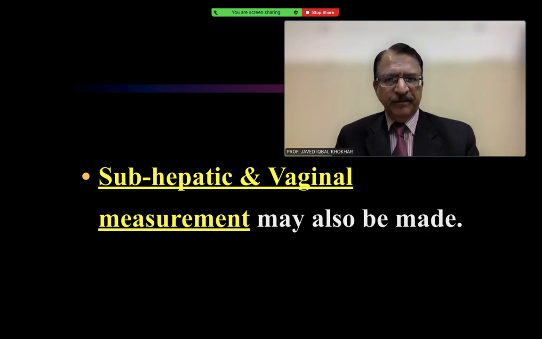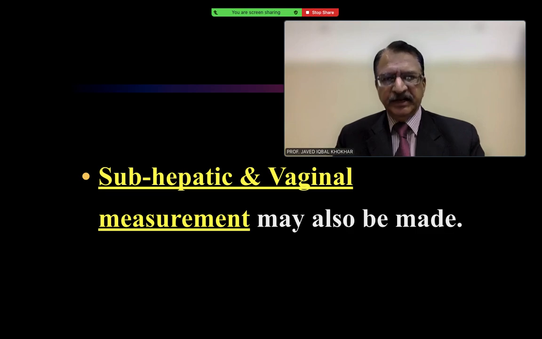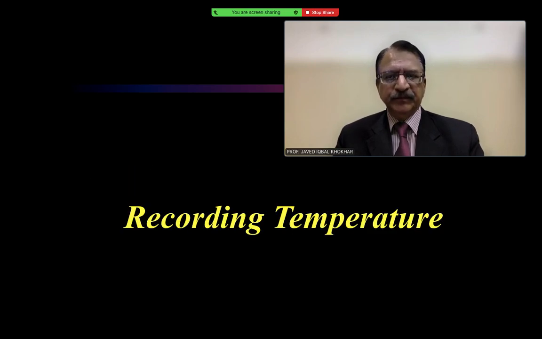Then sometimes the subhepatic or vaginal measurement can also be made. But in certain situations, a special precaution has to be taken. I'll discuss that.